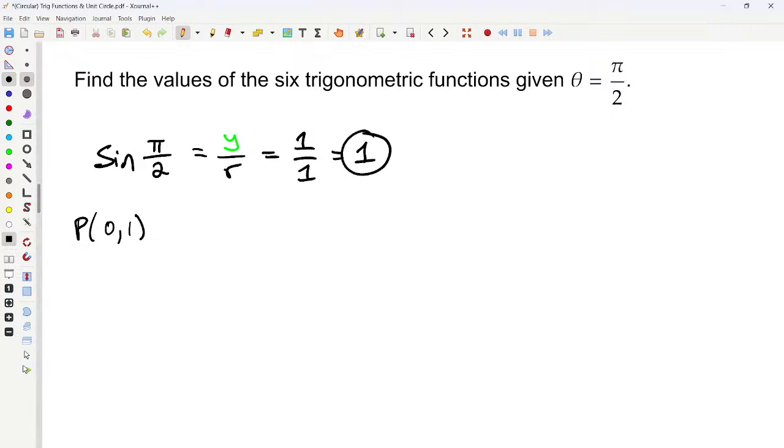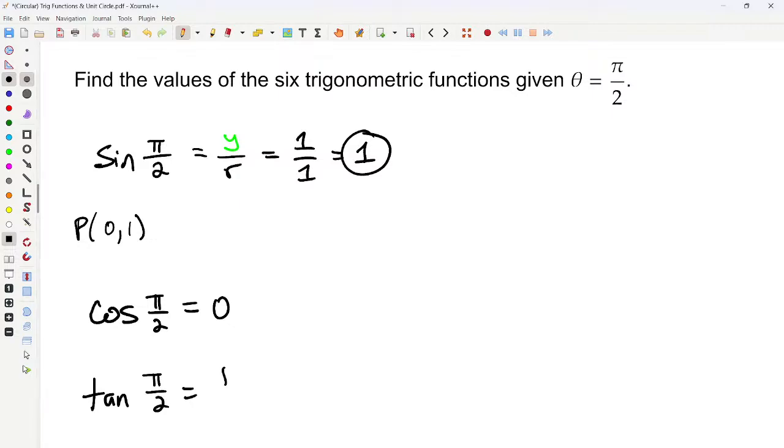The sine of pi over 2 is 1. What's the cosine of pi over 2? It's x over r. But we're going to say, there's a unit circle, associate the point 0, 1, take the x, 0, put it over the r, 1, 0. What's tangent of pi over 2? We take the y value of 1, we put it over 0, and we say undefined.